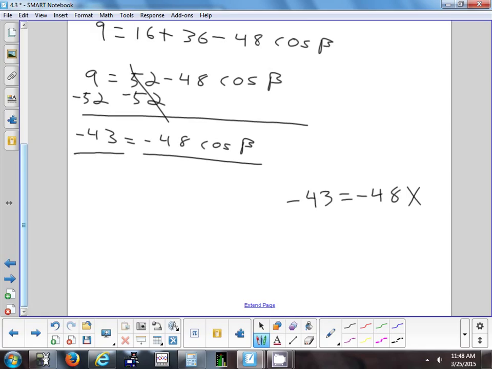You divide them? Yep, you divide, but what would you divide by? You divide by negative 48? Yeah, just negative 48. Okay, so you're just dividing by the number. Nothing else, just the number. Good. So 48 divided by 48 comes out to 1. Negative over negative is positive. And then those negatives also cancel out. So, yeah.